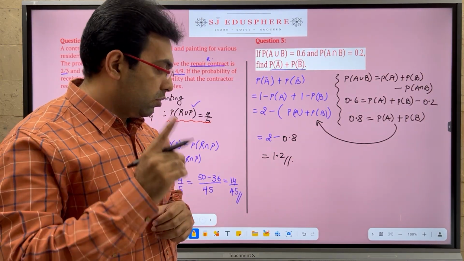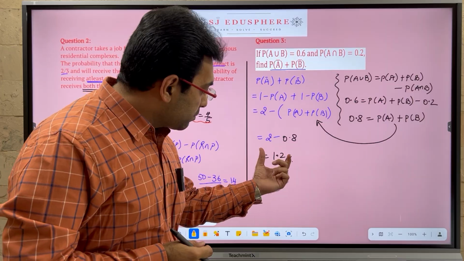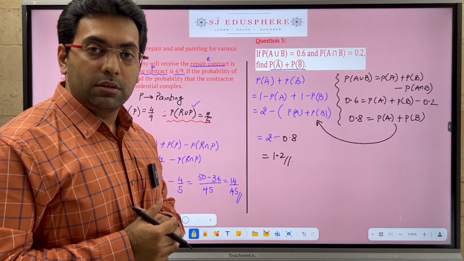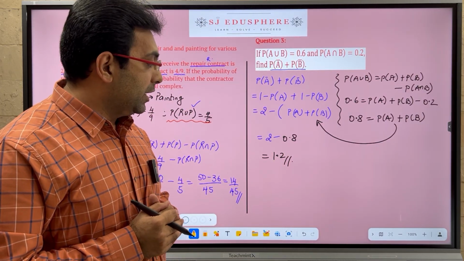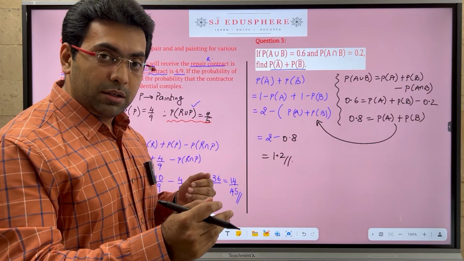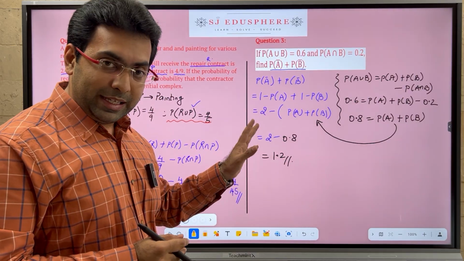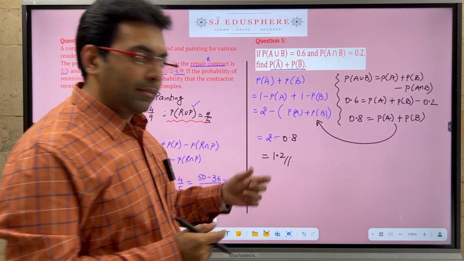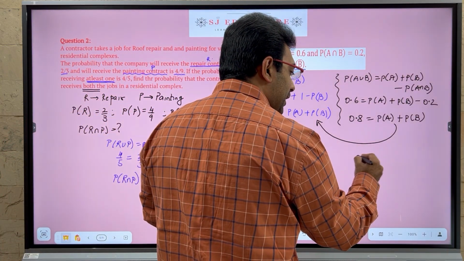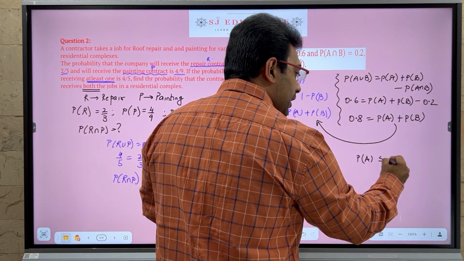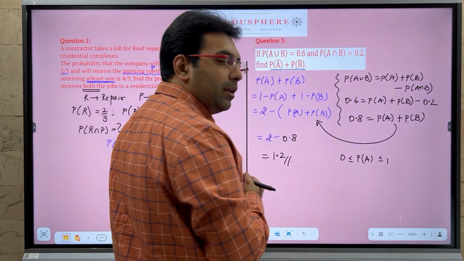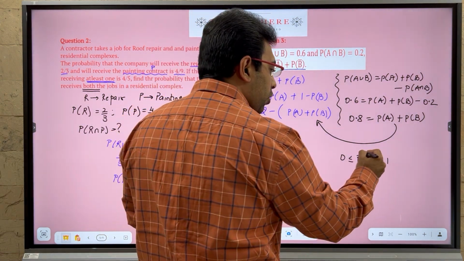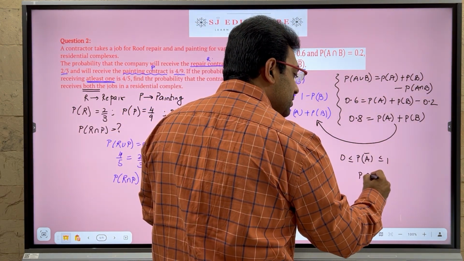Wait, hold your horses. This probability is crossing 1. We know individual probabilities are between 0 and 1. So is my answer correct? Yes, it is correct. Why? Because I'm adding two probabilities. Every probability is between 0 and 1, so similarly their complement also is between 0 and 1.